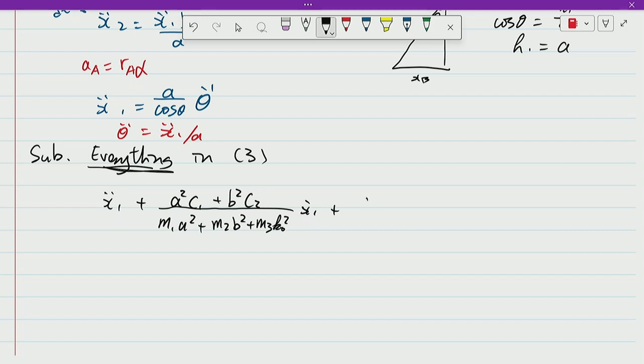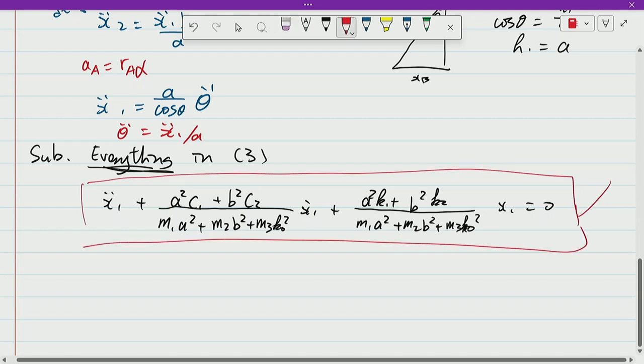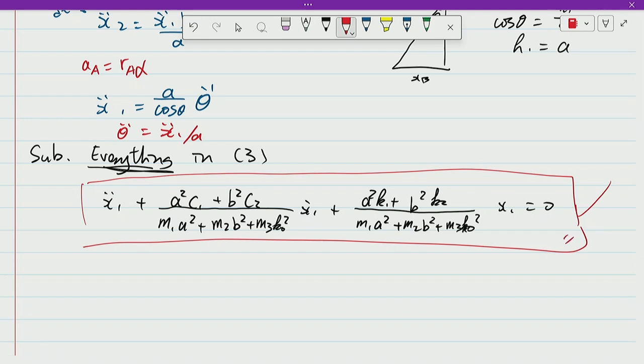Oh yeah, not quite done yet. This is our answer.